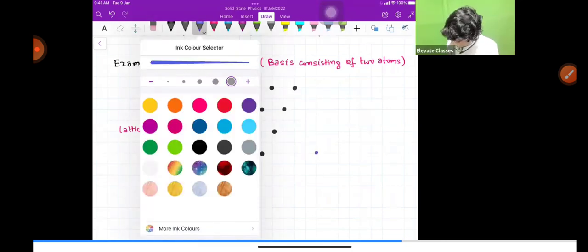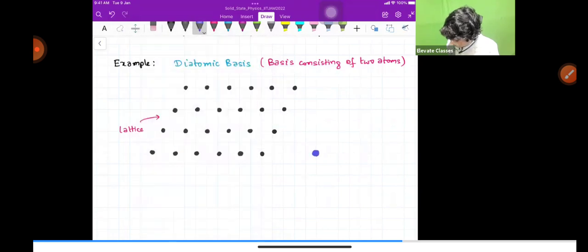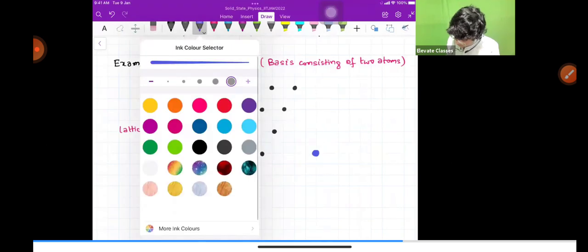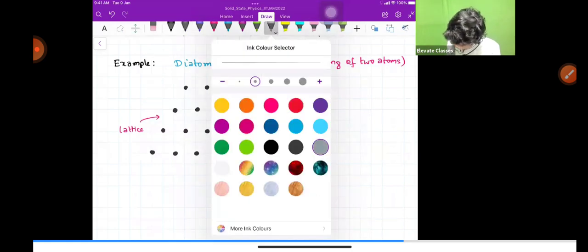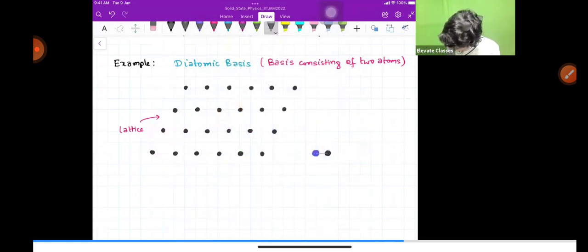We have, say, a blue atom, and then we have, let's say, a black atom. So these are 2 atoms. This is a basis. This is a diatomic basis.